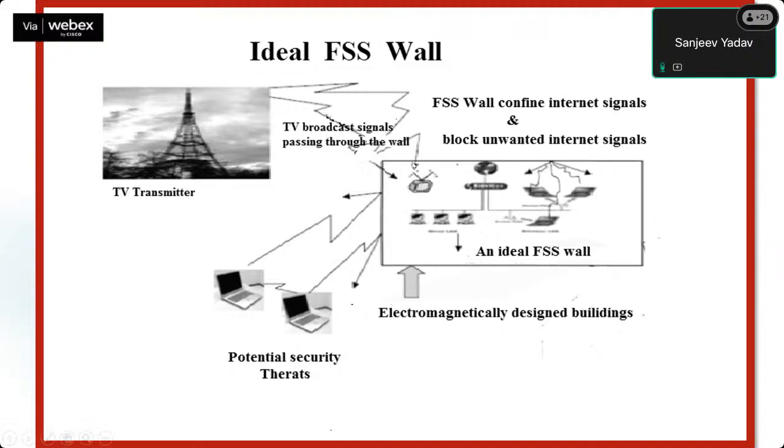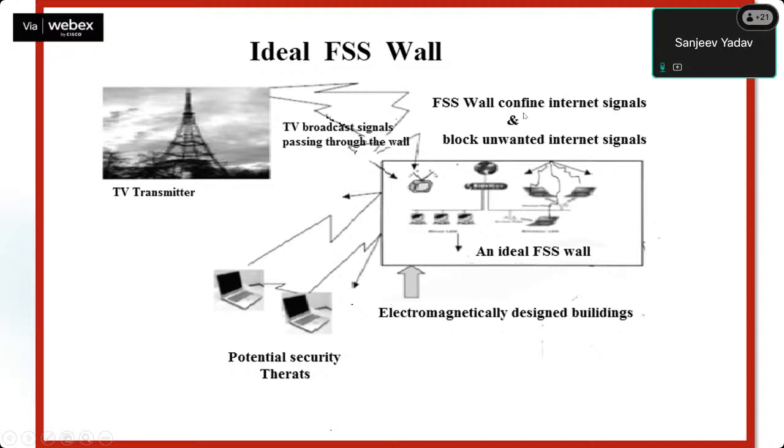Here we can send the TV transmitter signals, TV broadcast signals, and they can pass through the walls. This is an FSS wall, where we have put the frequency selective surface structures all over the room. It is blocking outside signals, like potential security threats. As well as that, you can see it is also blocking the inside signals so that they cannot go outside.